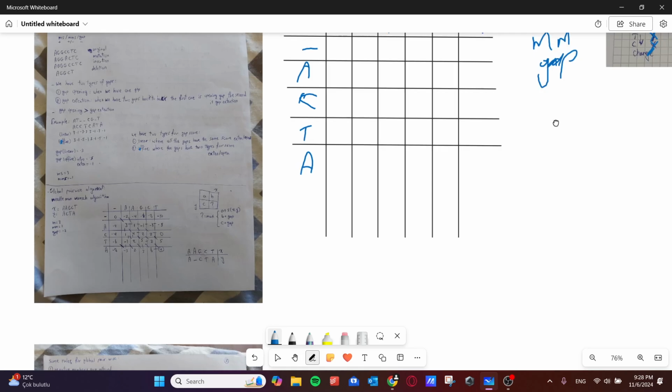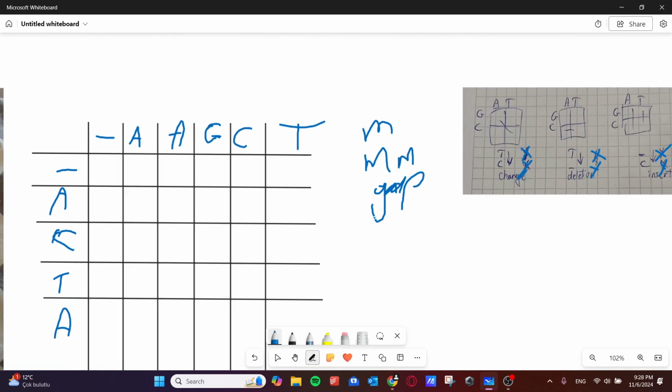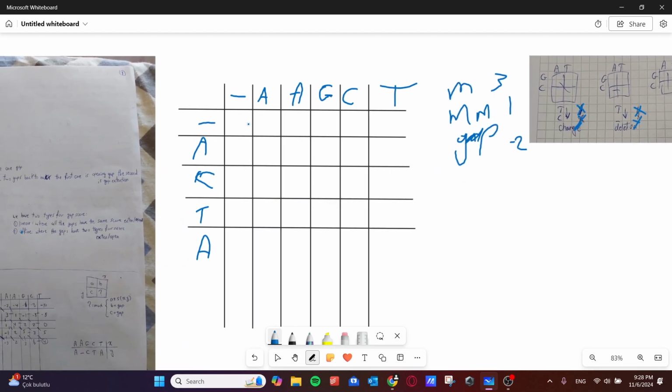So here we have 3, minus 1, minus 2. So first of all, we start. This is always 0. Then this here depends on the gap score. So let's say here we have minus 2.